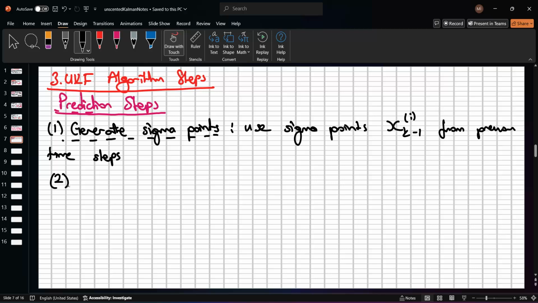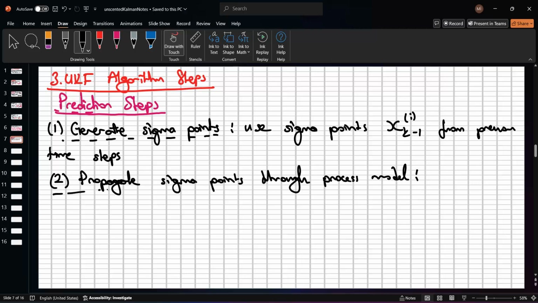In the second place, we should propagate sigma points through the process model. How can we do that?